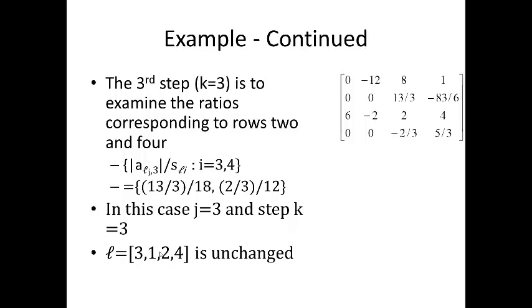And the absolute value of minus 2/3 is 2/3 divided by 12, which again is the value from the original scale vector. Now, in this case, J is equal to 3, and we're at step 3, so really the index vector is left unchanged. We're exchanging element 3 with element 3, which is row 2. And row 2 is selected to be our pivot row.